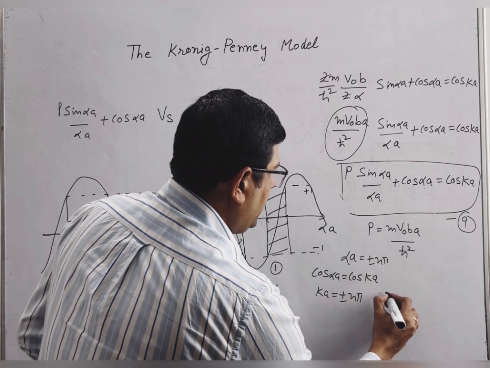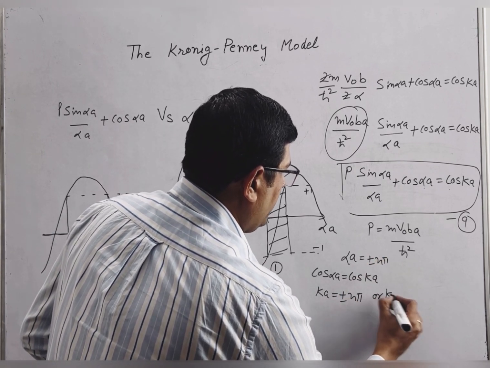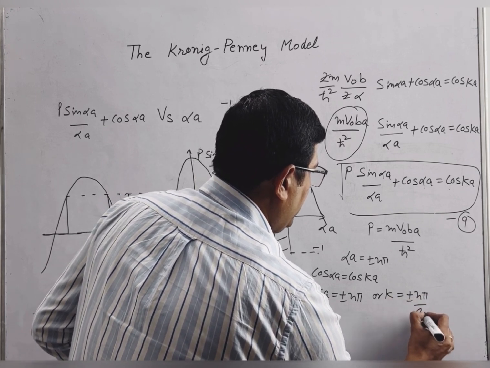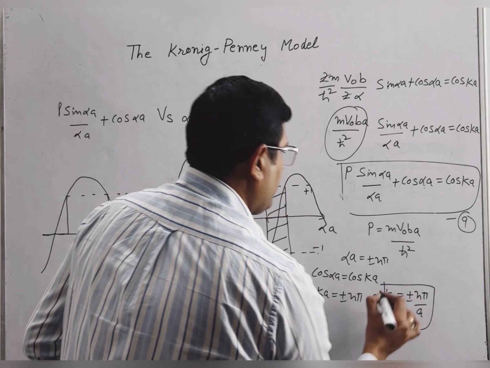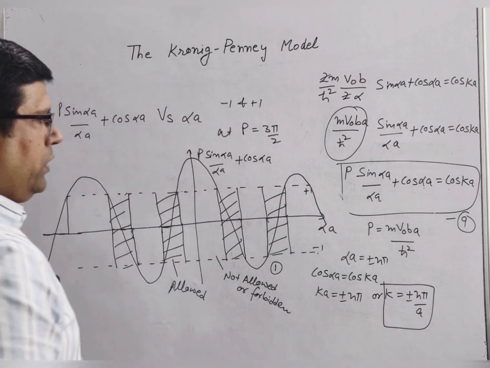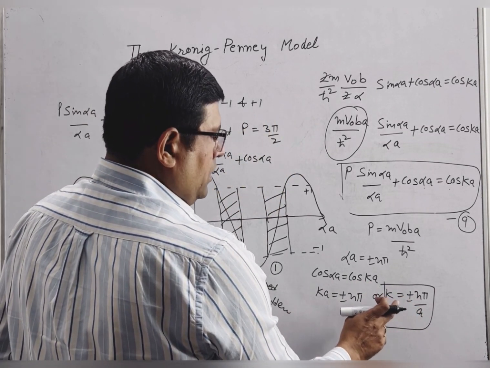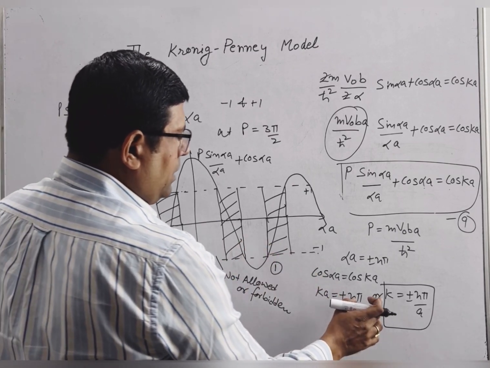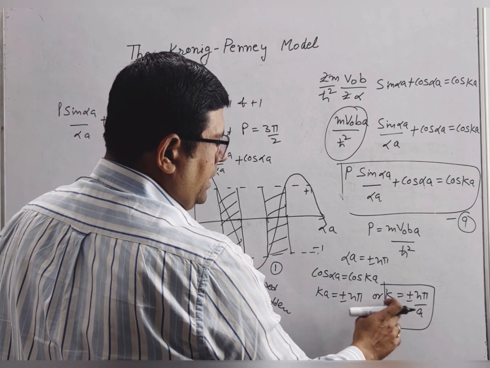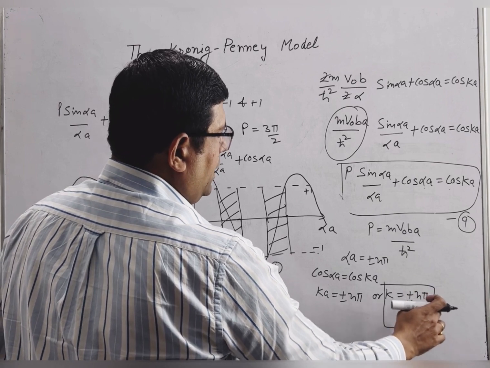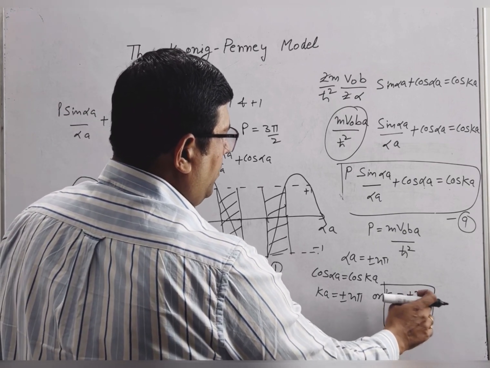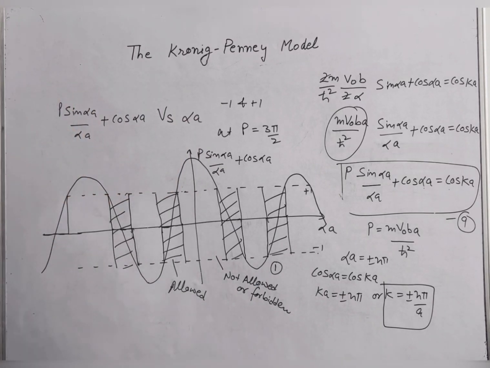Okay, and K will be equal to plus minus n pi by A. So we can show that these allowed and not allowed bands are separated by boundaries at k equal to plus minus n pi by A.